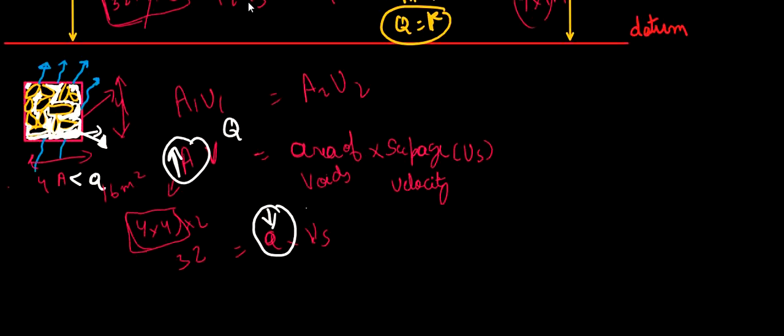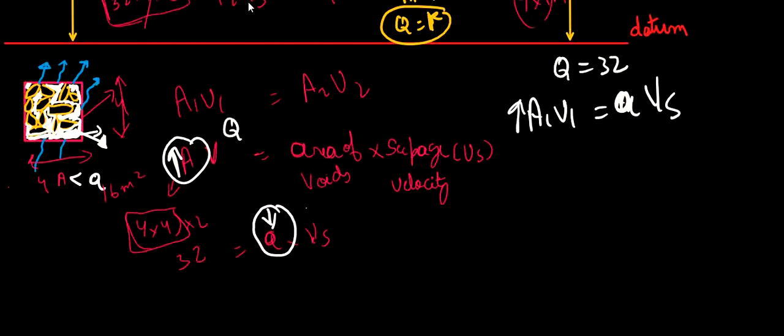So this is my Q, A1 V1 is equal to small a into Vs. So Q has to be 32. No matter what these values are, Q has to be 32 at all the points. So this area is more, so velocity will be less.